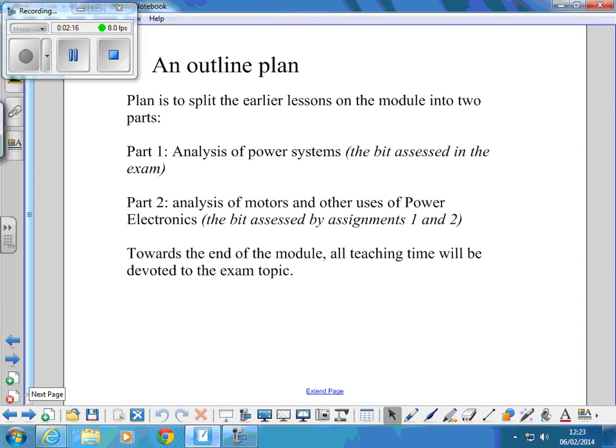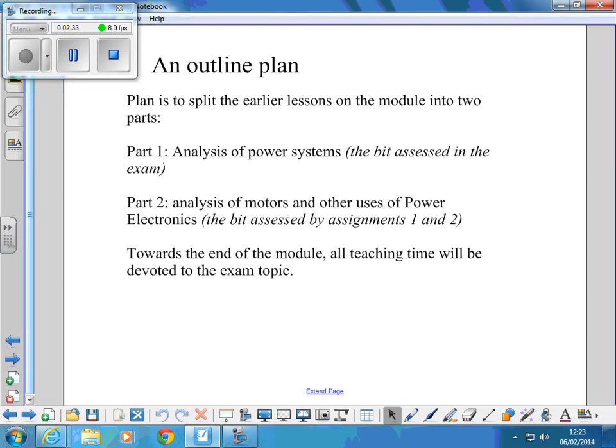Outline plan, and it is an outline plan, and I'll tell you why. The other 2 years I've taught this over both semesters in shorter sessions, and that's very different to teaching it in 3-hour blocks.